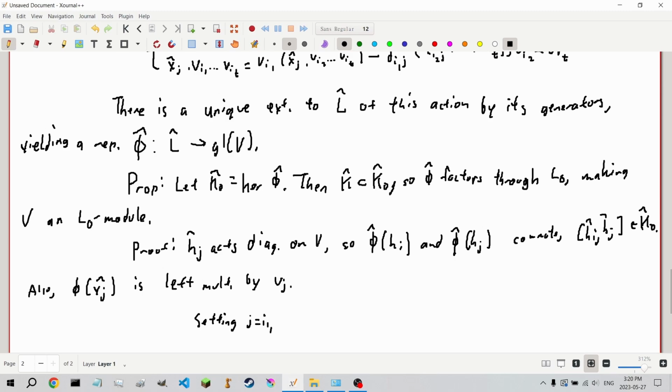Setting j to be i1, we get that the bracket of x hat i and y hat j on the product of v_i2 through v_it, minus y hat j acting on x hat i acting on v_i2 through v_it, is equal to delta ji, minus delta ji, I should write this on a new line.